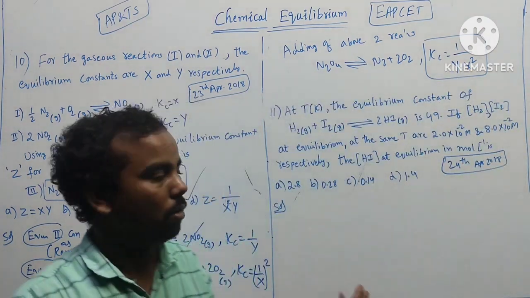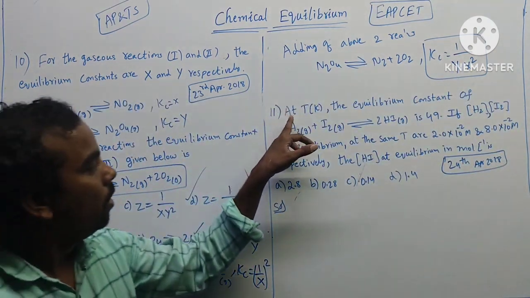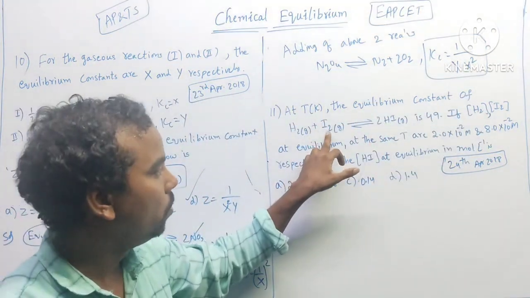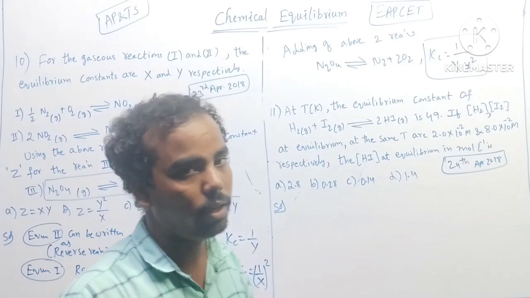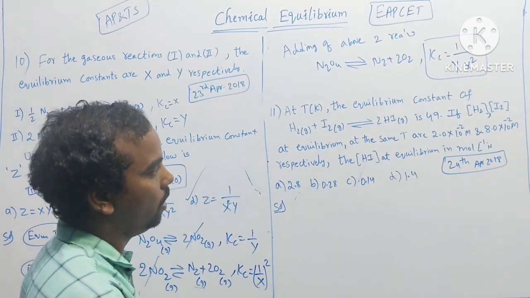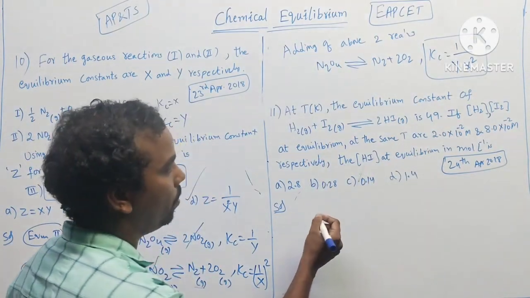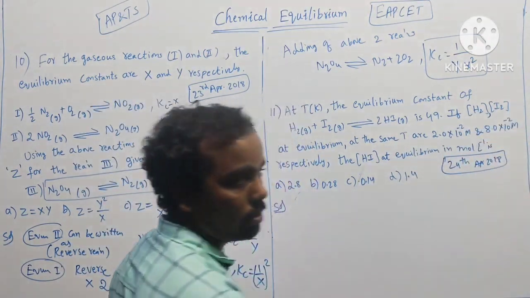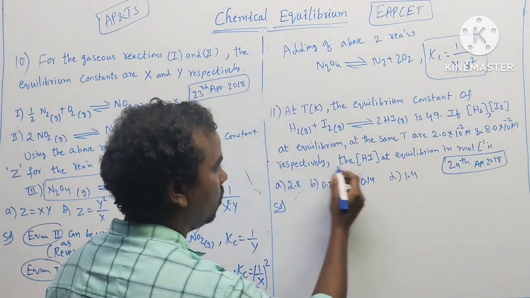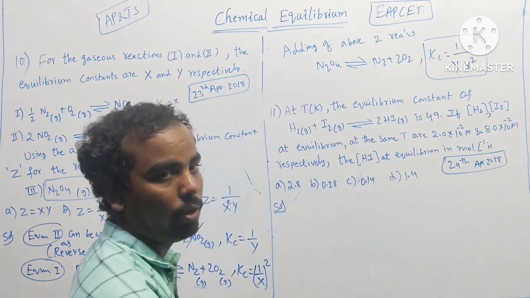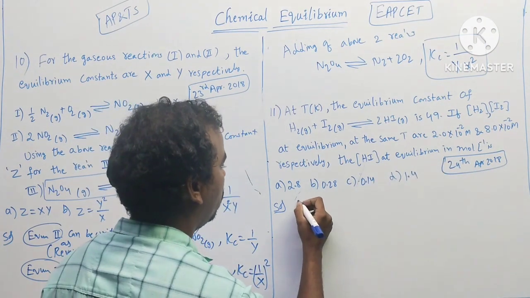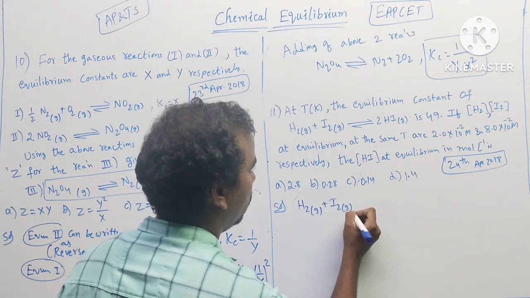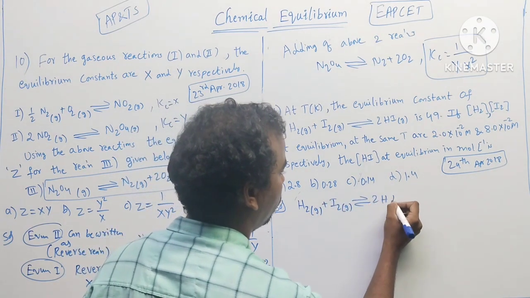Very easy. So next, at T kelvins, the equilibrium constant of H2 plus I2 in equilibrium with 2HI is 49. The equilibrium constant is given as 49. If H2 and I2 are at equilibrium at the same temperature, the H2 and I2 concentrations are given. We want the HI concentration at equilibrium. So first you write H2 plus I2 in equilibrium with 2HI.